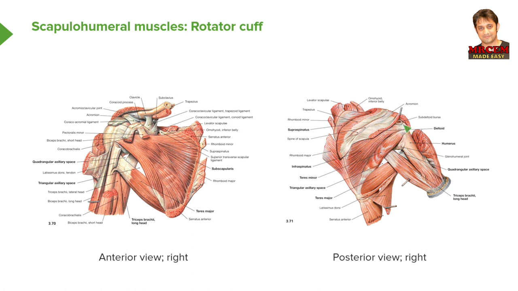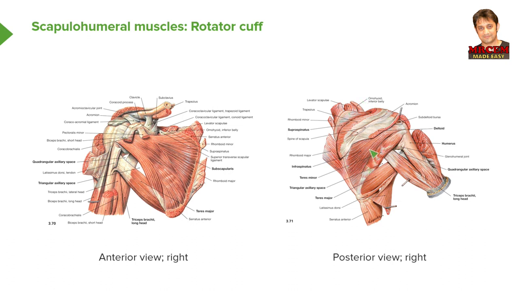Remember the greater tubercle having those 3 facets: superior, here we can make out the middle, and here the inferior. Remember, supraspinatus passed to the superior facet, infraspinatus passed to the middle facet, and teres minor passed to the inferior facet. So we can see these on this posterior view.